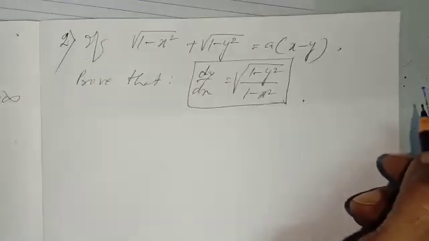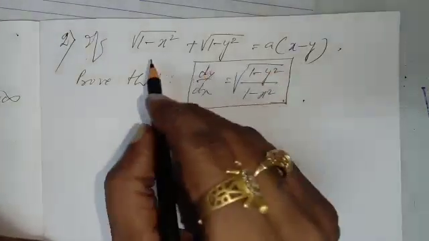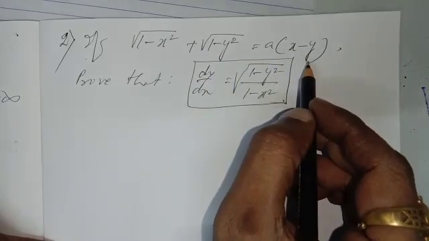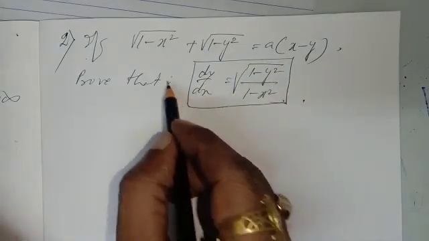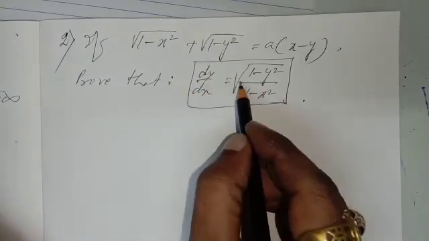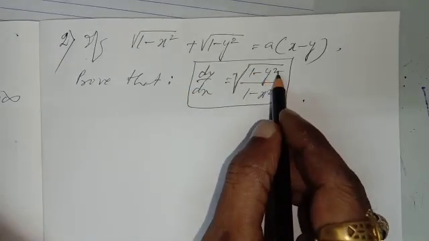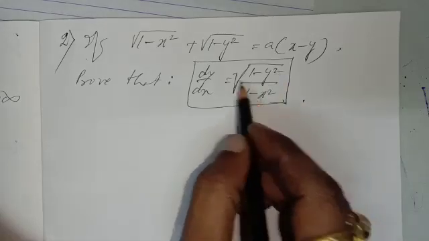I have to prove this one. I think it is clear. So what is the question given? Root over 1 minus x square plus root over 1 minus y square equal to a into x minus y. You have to prove dy by dx is equal to root over 1 minus y square by root over 1 minus x square.